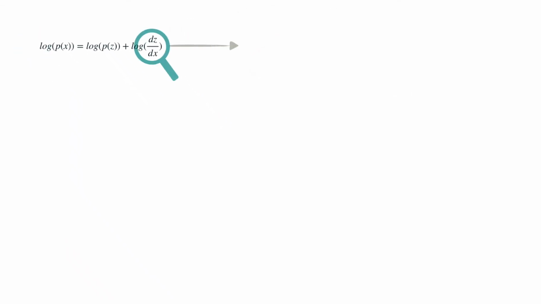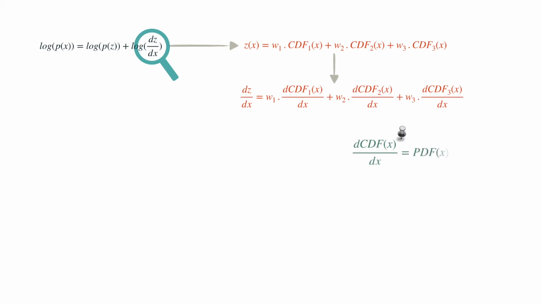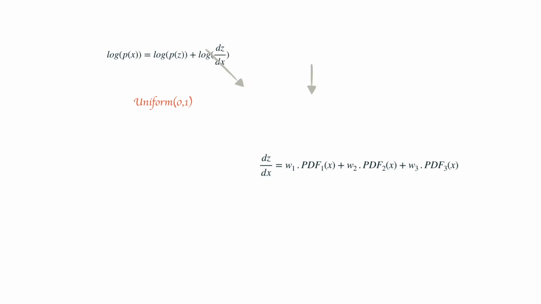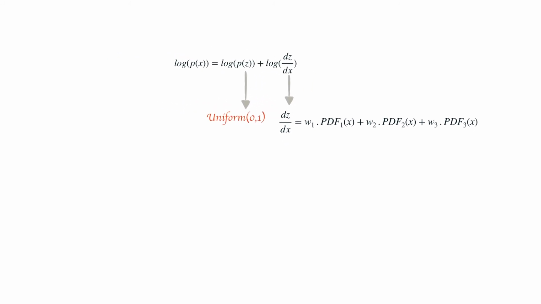Remember that the derivative of a CDF of a variable x with respect to x is the PDF of x. This gives us the following expression for dz by dx. Thus, we now have an expression we want to maximize. We know both the components of this expression. Maximizing this expression is the same as minimizing the negative of this expression.